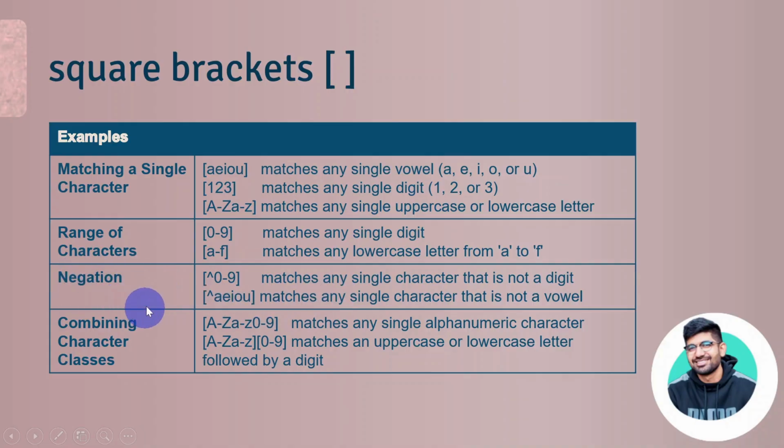For negation, you can use the caret symbol or exclamation mark. As you can see here, the first one matches any single character that is not a digit. The second one matches any single character that is not a vowel. So if you want to negate any condition, you can use the caret symbol or exclamation mark. So let us see that with an example.